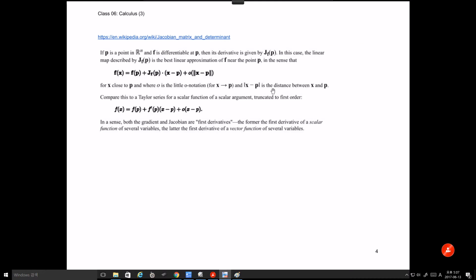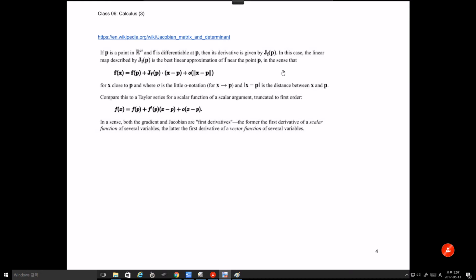Now, the Jacobian matrix is used as a linear approximation. So if P is a point in Rn and f is differentiable at P, then its derivative is given by Jf(P).